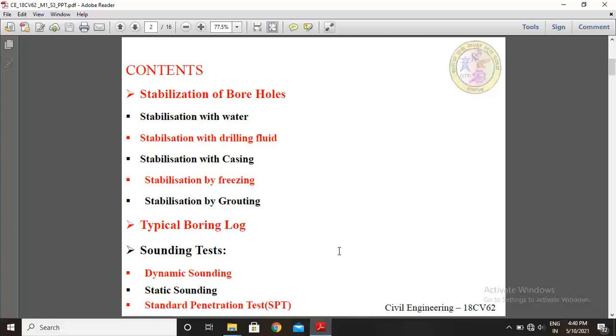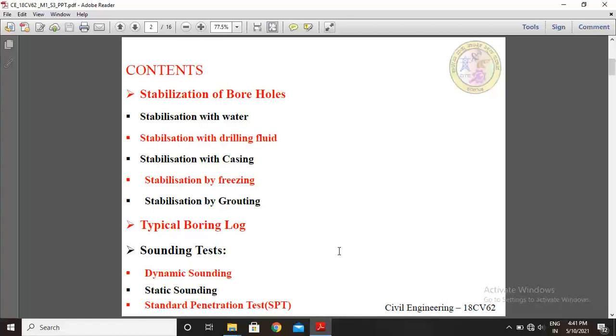Today's session 3 contents are clearly mentioned here. First is stabilization of boreholes. Under this content: stabilization with water, stabilization with drilling fluid, stabilization with casing, stabilization by freezing, stabilization by grouting.